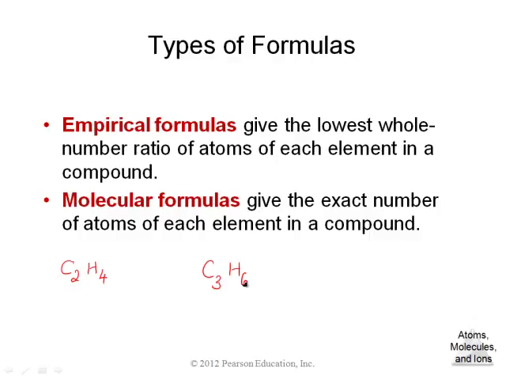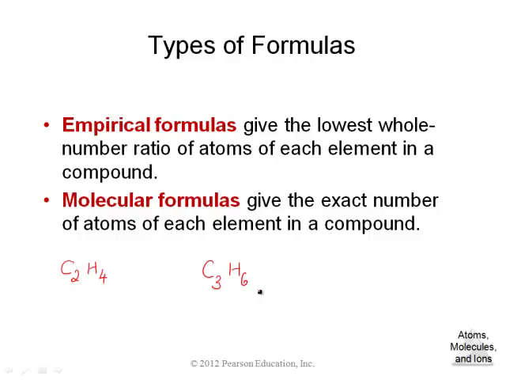So what I have written down there are their molecular formulas. Ethylene, C2H4, tells you exactly there are 2 carbons and 4 hydrogens in it. And C3H6 is hexene and it says exactly 3 carbons and 6 hydrogens in one molecule of hexene. So these are the molecular formulas.